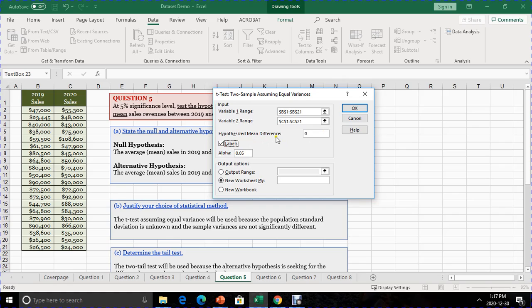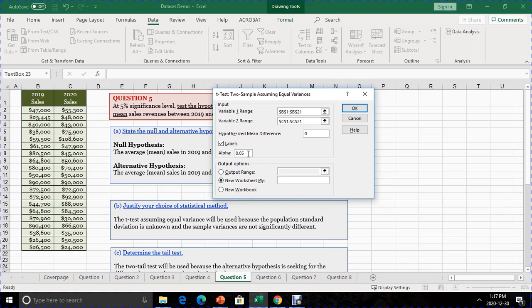And then we check on the labels, because we've included the labels as part of our data. So Excel can detect that the first row represents labels and is not part of the data. Our alpha is going to be 5%, which is the default.